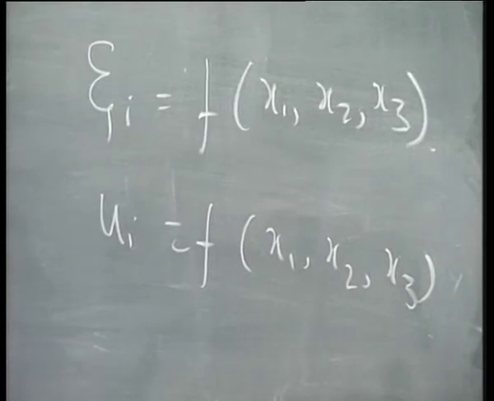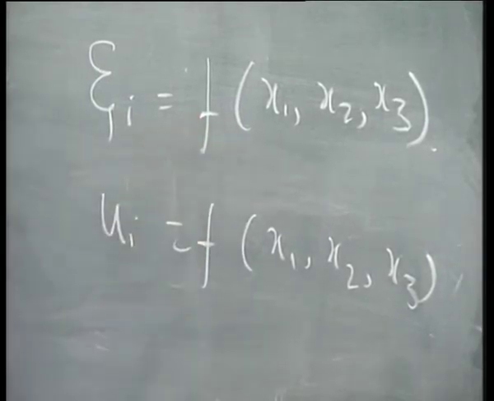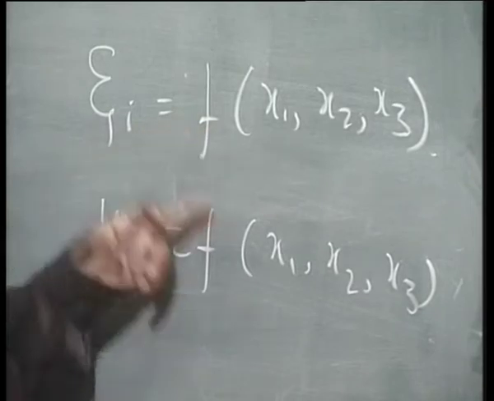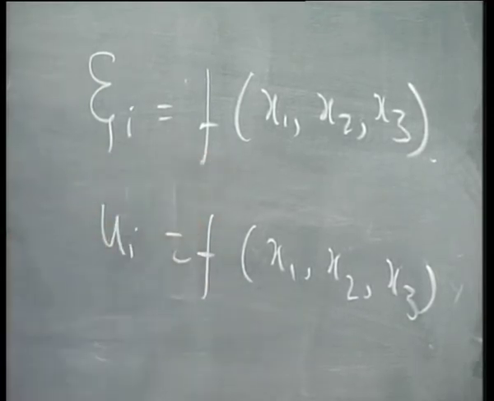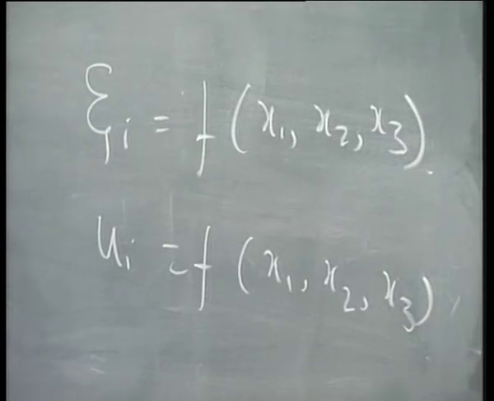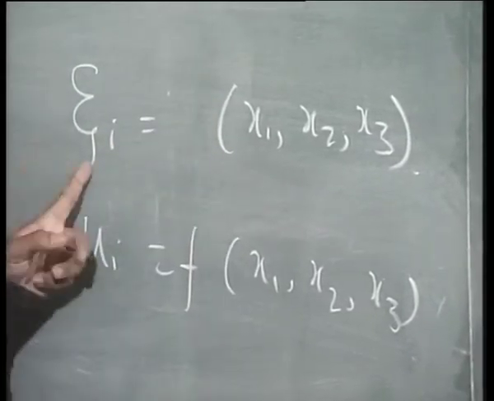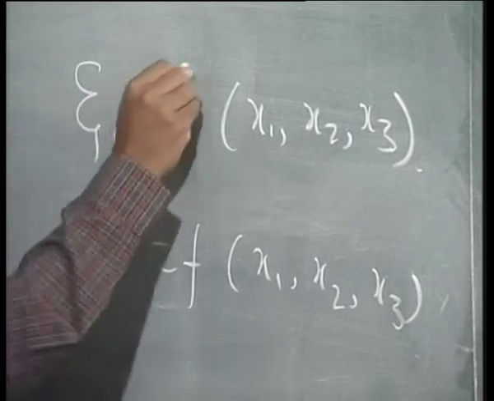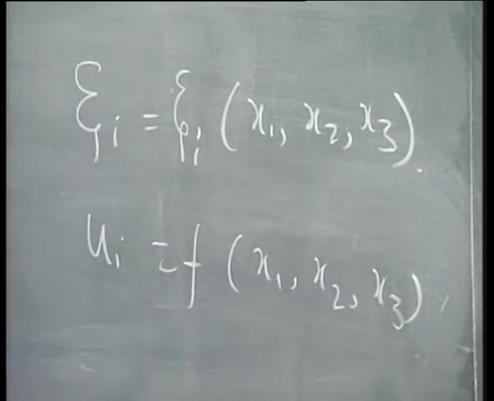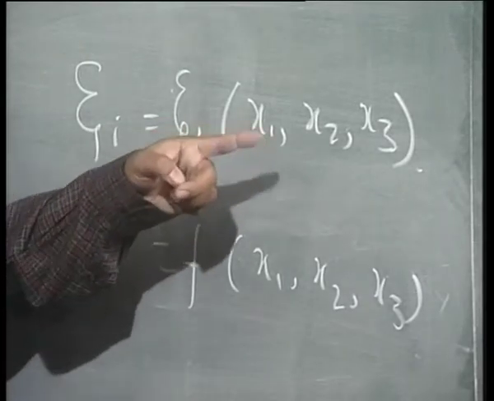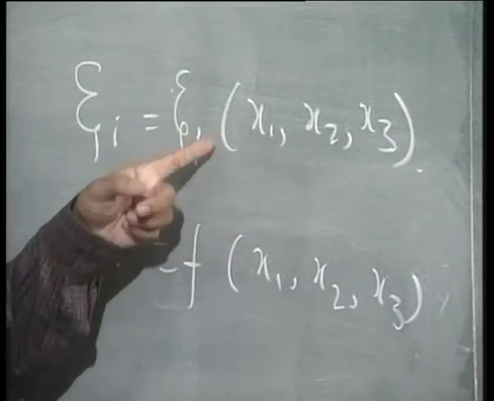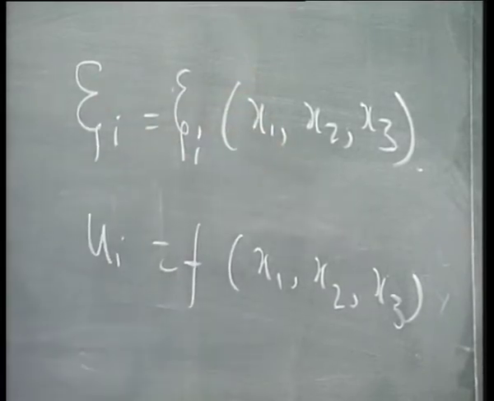Now there will always be a confusion between this function and this function. So you will keep on putting f1, f2, f3, f4 and so on, which is much more confusing. So please note, in solid mechanics the function symbol is replaced by what is there in the left hand side itself. It means that psi i is a function of x1, x2 and x3.